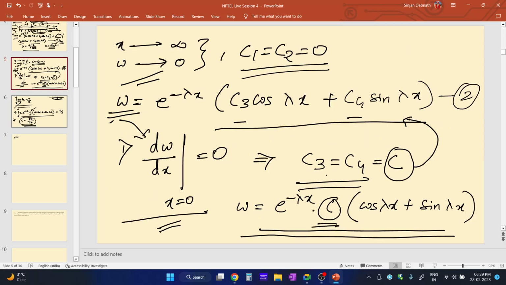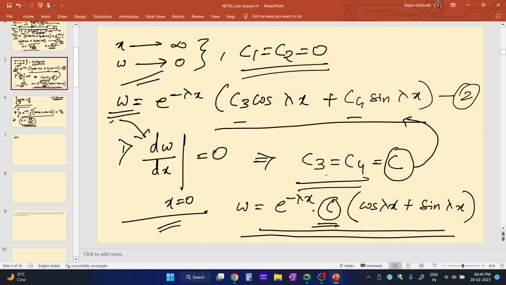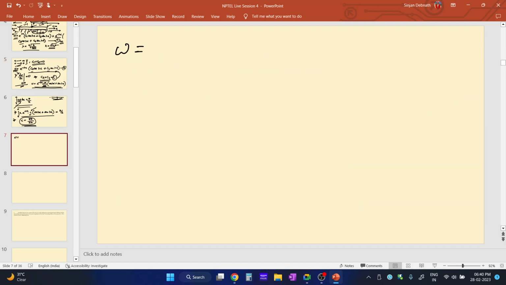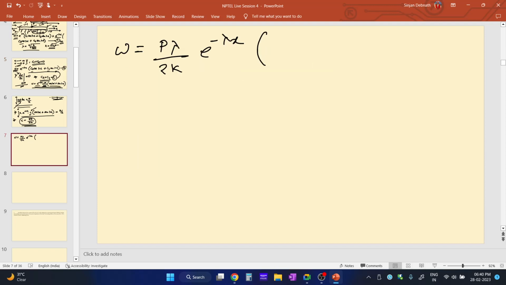We are just putting P lambda by 2k at the place of c. So P lambda by 2k into this part. That means w will be equal to P lambda by 2k e to the power minus lambda x into this part, that is cos lambda x plus sin lambda x, right?